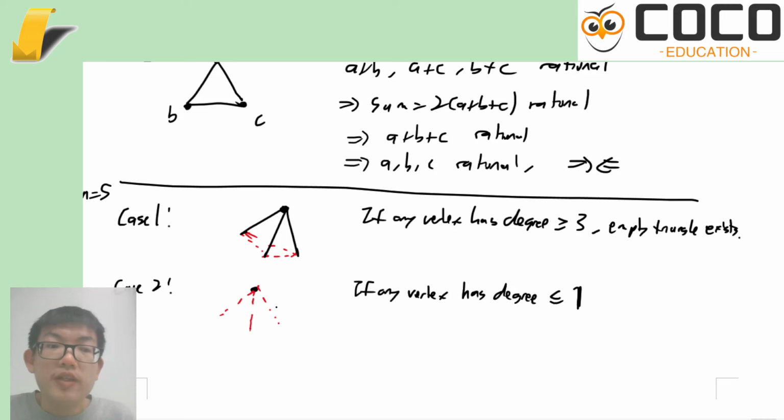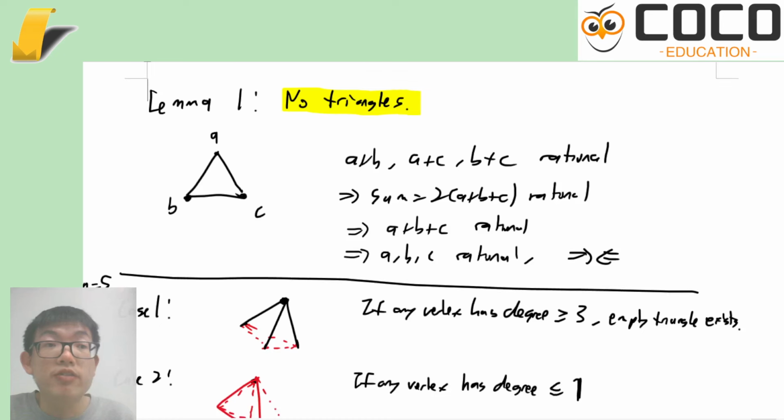So if any of them has degree at most 1, one of these 3 cannot be there. So whichever one is not there will complete an empty triangle. So let's say if this one's not there, then now you have got the empty triangle over there as well.